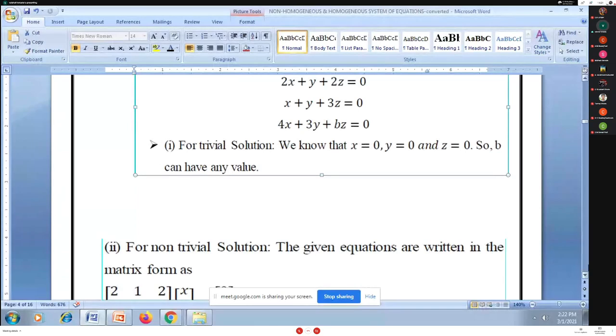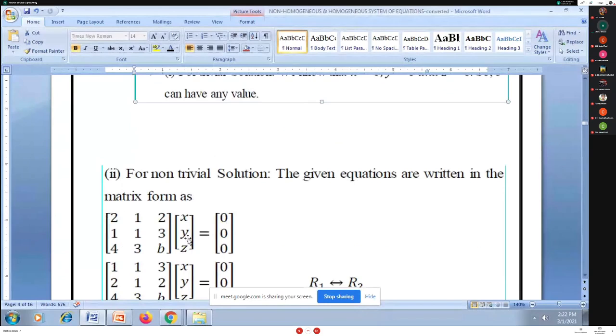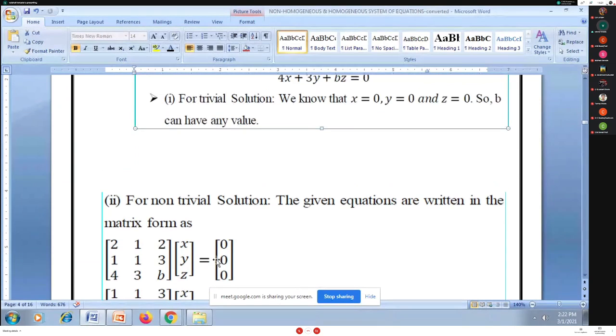For non-trivial solution, I'm writing the system of equations in terms of Ax equal to 0 form. Now I will apply row transformation on this matrix A.